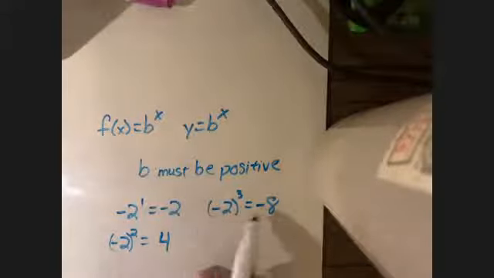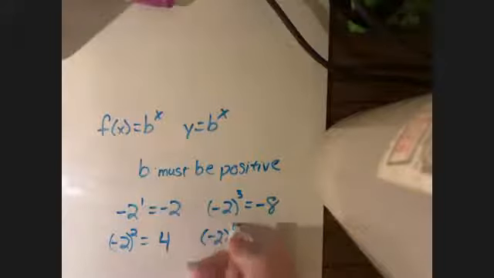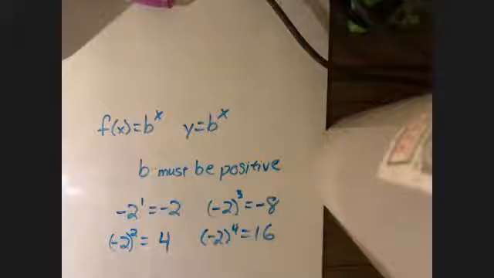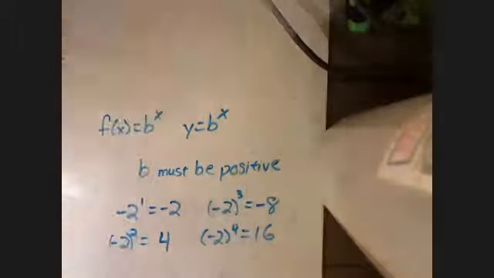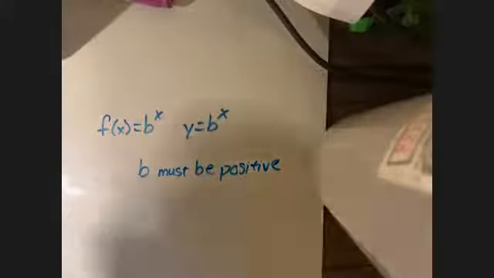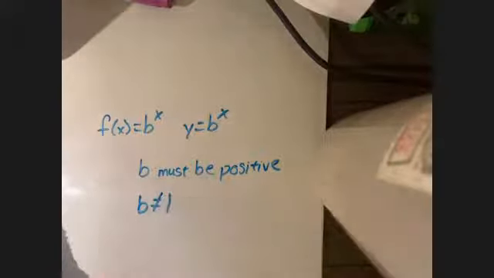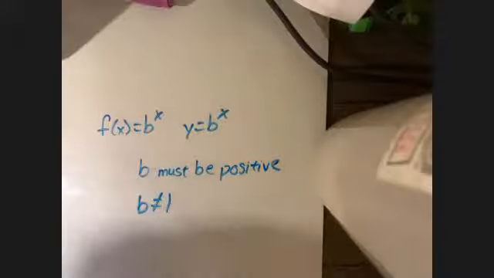If I go one more, I'm back over at 16. We are ping-ponging back and forth between positive answers and negative answers, and we're not allowed to do that. So b has to be positive. The other thing is b can't be 1, because 1 squared is 1 and 1 cubed is 1 and 1 to the anything is 1. So it gets really, really boring doing any of that.